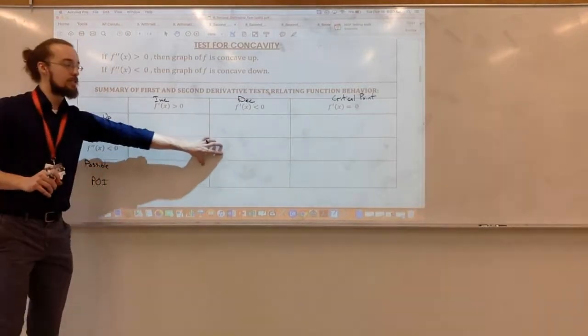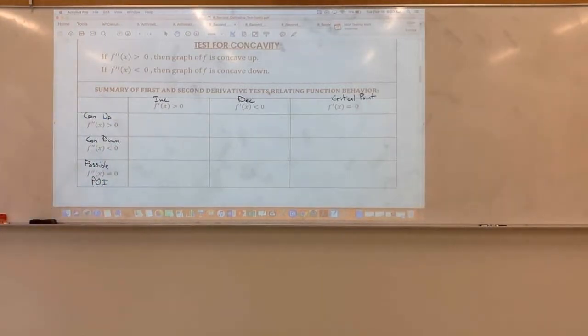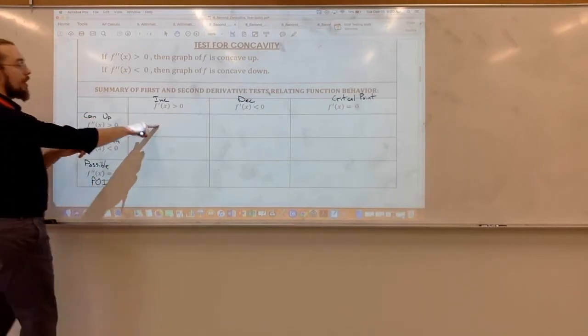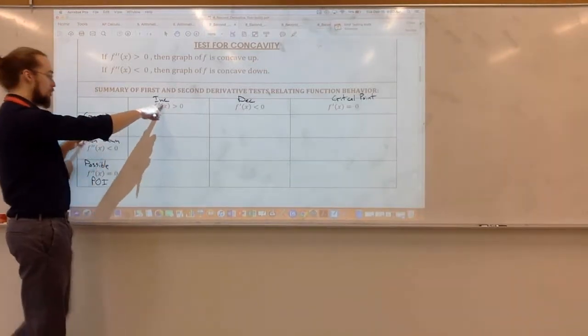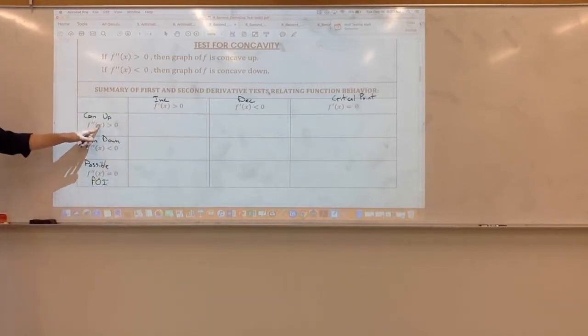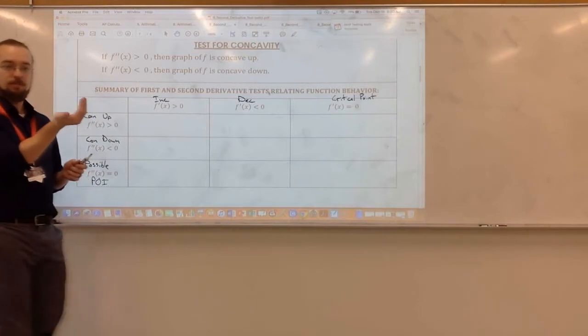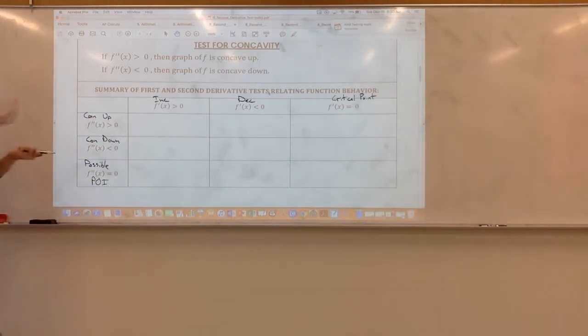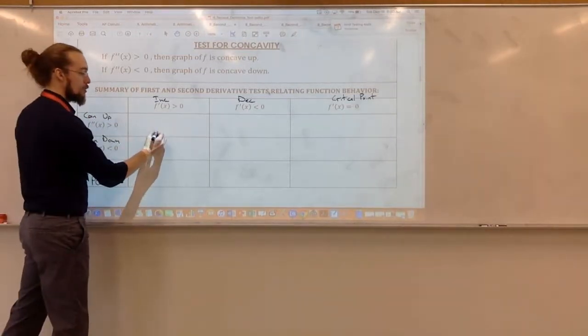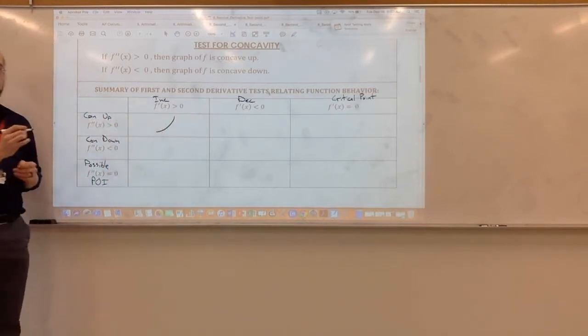So in these boxes then, let's sketch what a function that has these characteristics would look like. So in this box, we're going to say a function that's increasing and concave up. So that means it's going up and it's kind of cupped up, for lack of a better term, right? So that would look something like this.